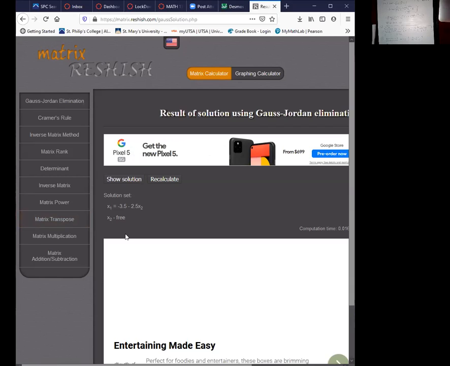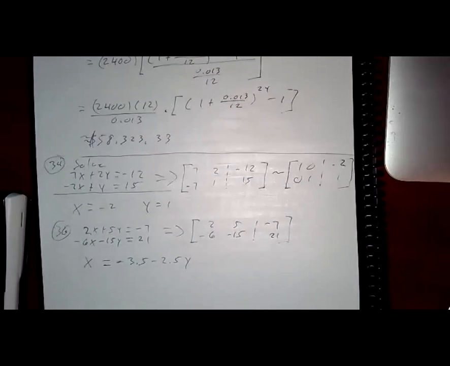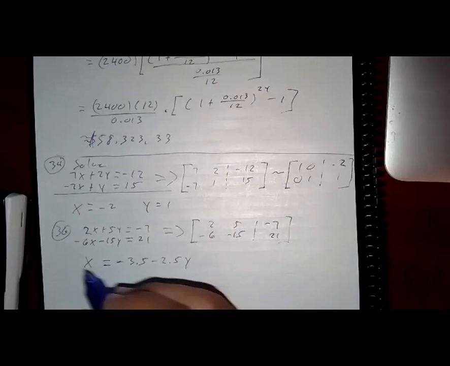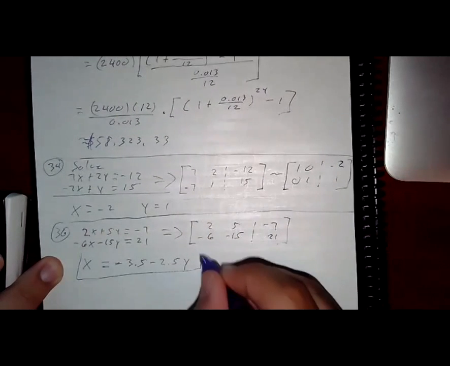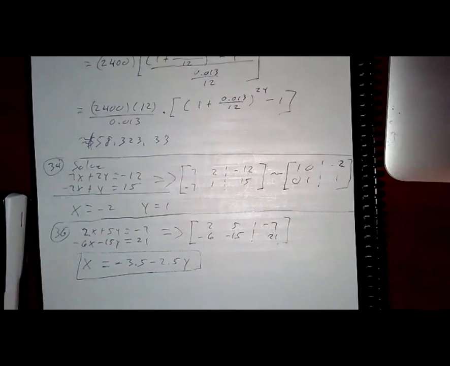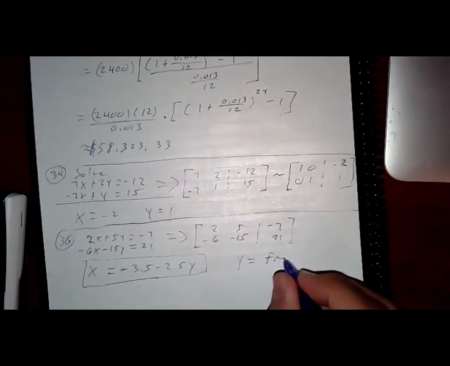So you would say x is equal to -3.5 minus 2.5y. Replace the x2 with y, that's all you have to do. This would be your answer for the x value. Technically, the y is just free.